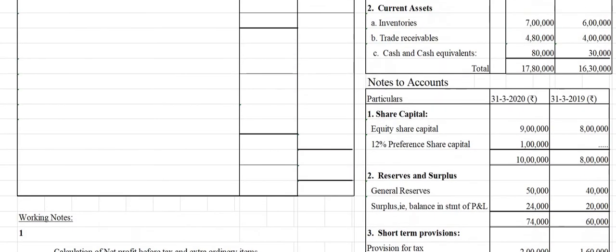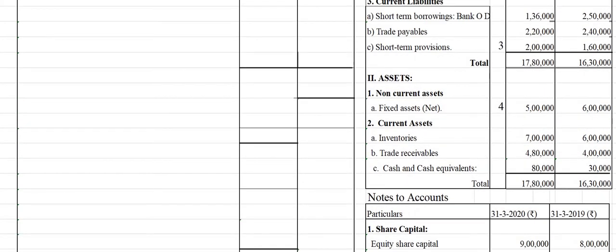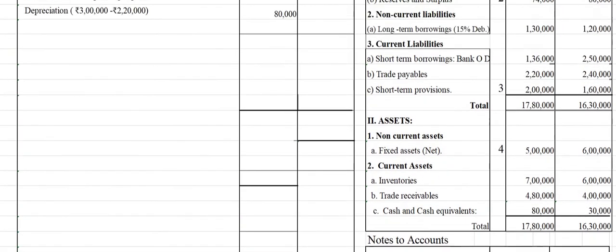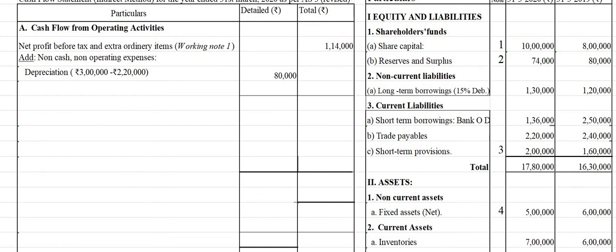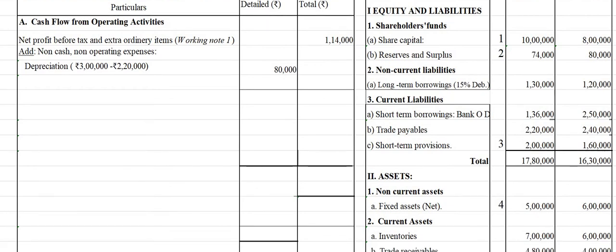Otherwise also we will get that amount here, because it is a 15% debenture, 15% of the opening balance. That means last year's interest will be given this year. So 1,20,000 into 15% will get 18,000. Otherwise also that amount is directly given. So you can write here 18,000.